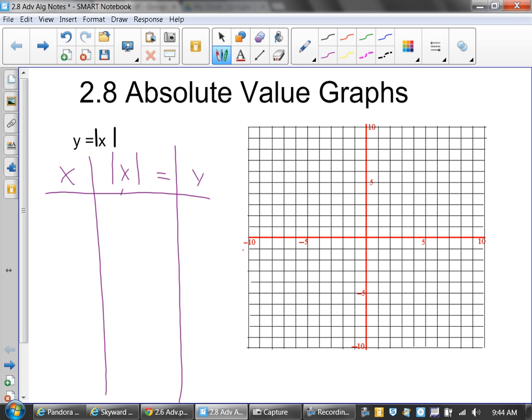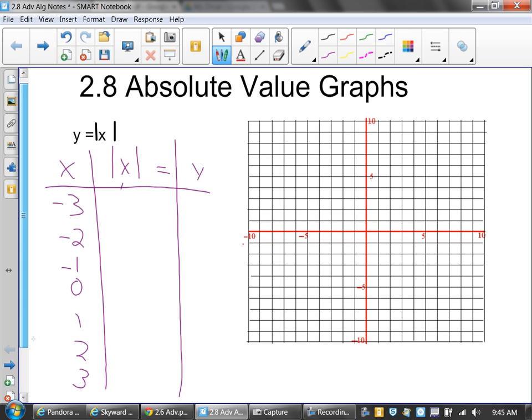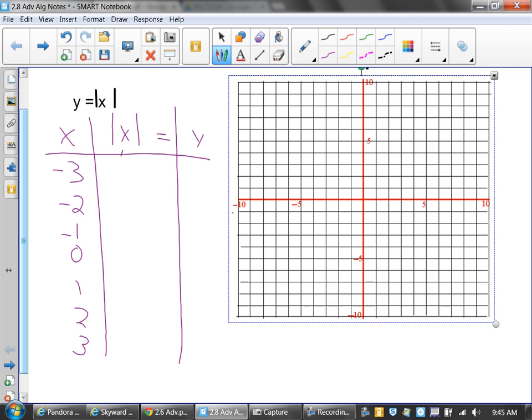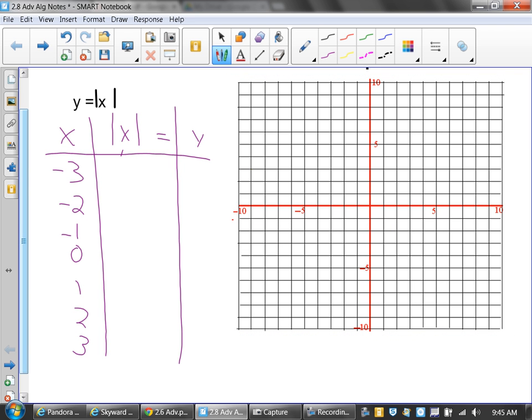Do you agree? Yes. All right. So when I'm graphing these things, I'm going to start with -3, -2, -1, 0, 1, 2, and 3. Those are going to be my values of x. And I'm just going to make a quick table set of values. This should not be really scary.